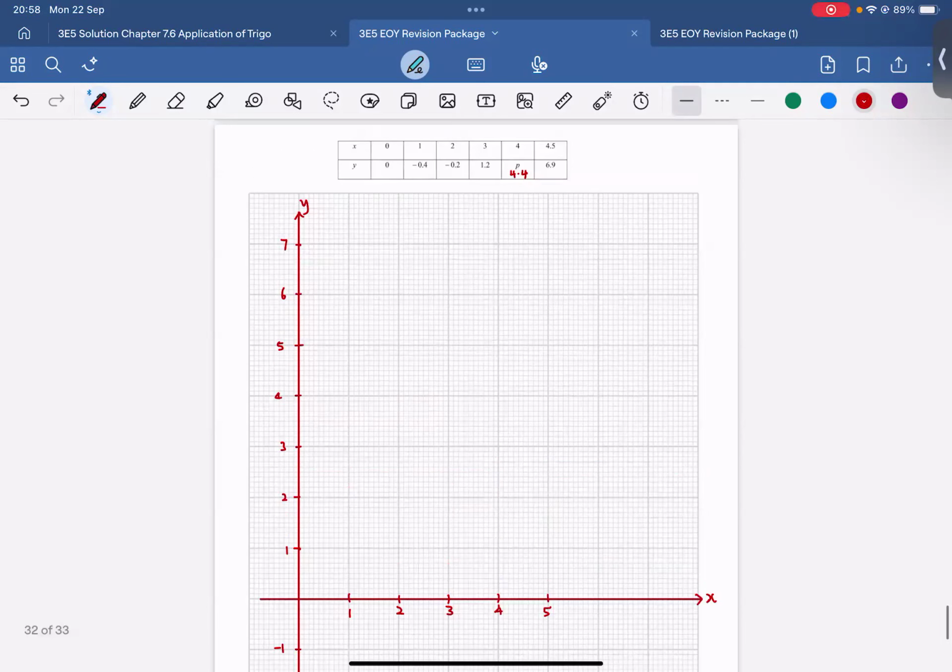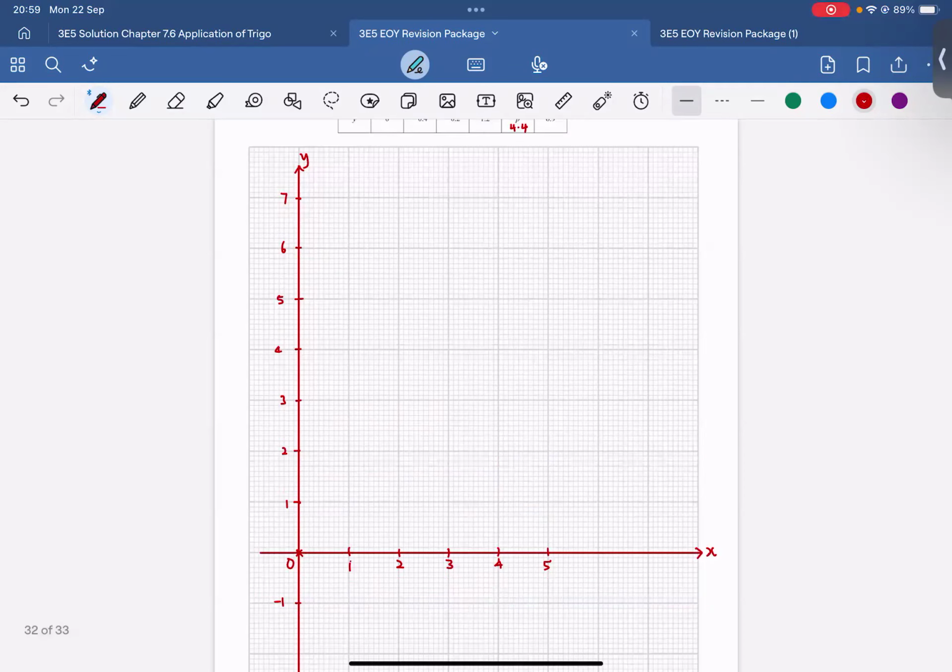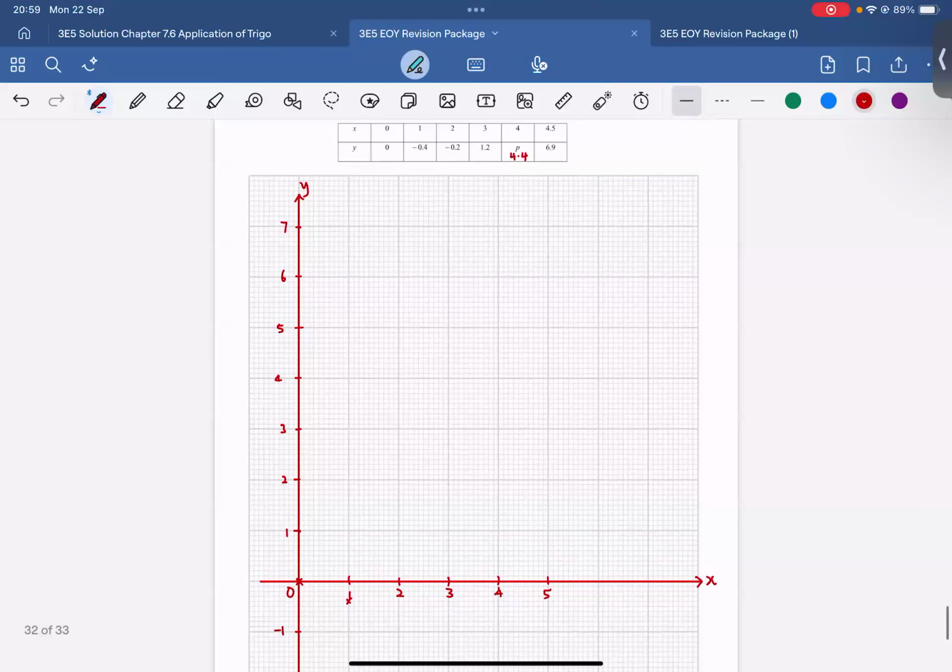Okay, so plot the points: 0, 0. 1, negative 0.4. 2, 0.2. 3, 1.2. 4, 4.4. 5, 6.9.